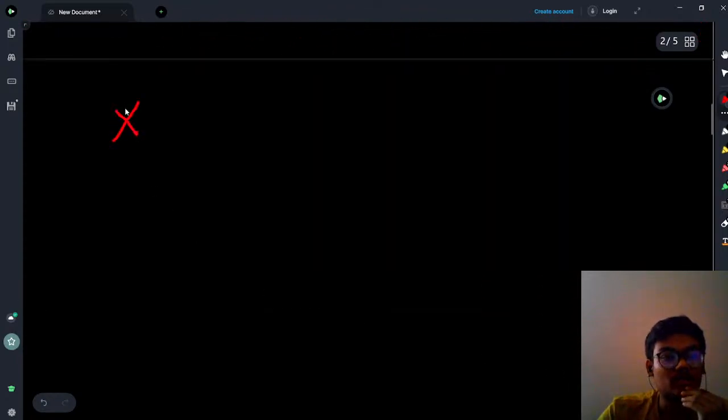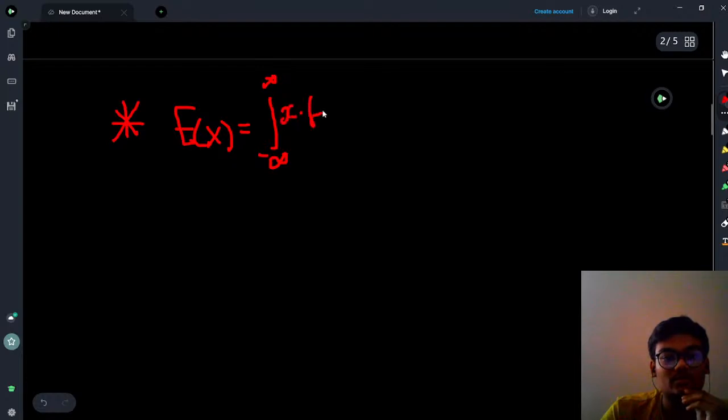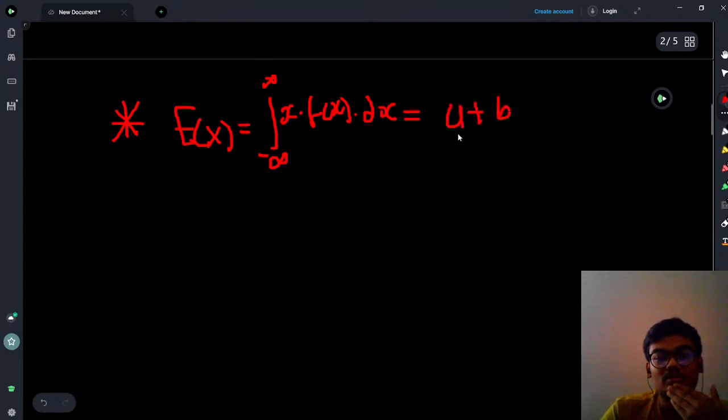Now let's see the expectation. The formula for E of x for a continuous random variable is the integral from minus infinity to infinity of x f of x dx, but here we have lower and upper limits, so we change it to a to b, use x upon b minus a, and at the end you get the answer a plus b by 2.